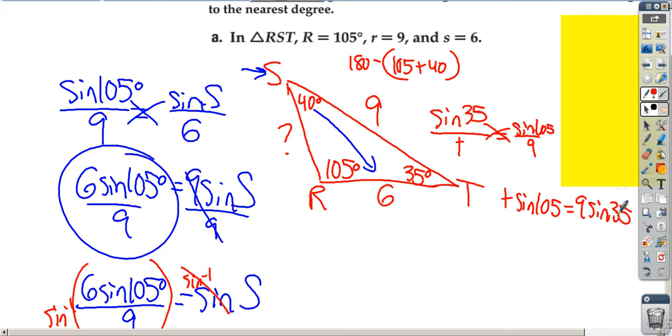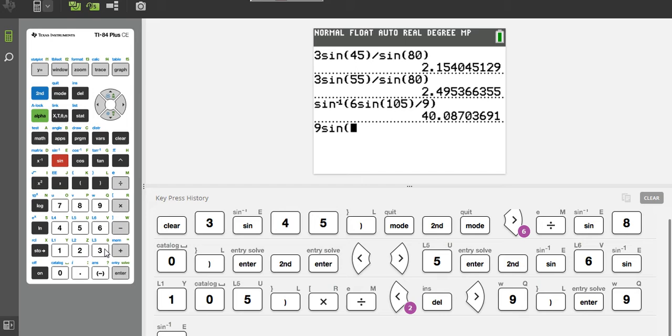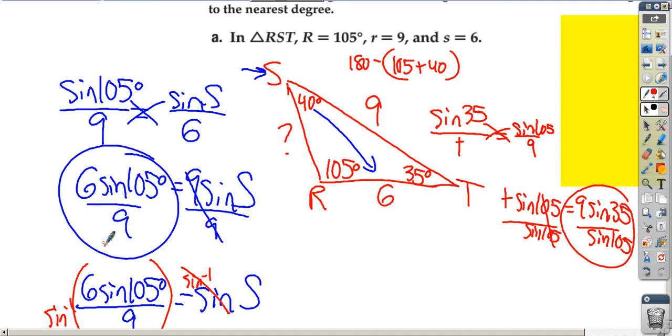Let's divide both sides by sine 105. And T should be whatever this number is right here. Okay, so let's find that right now. So T is equal to 9 times the sine of 35 over the sine of 105 degrees. This should be equal to side T, and it's 5.3.